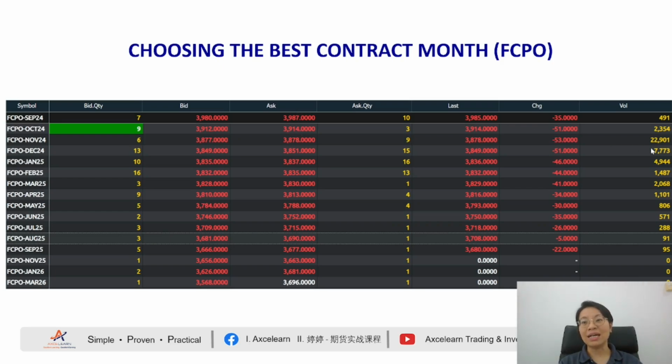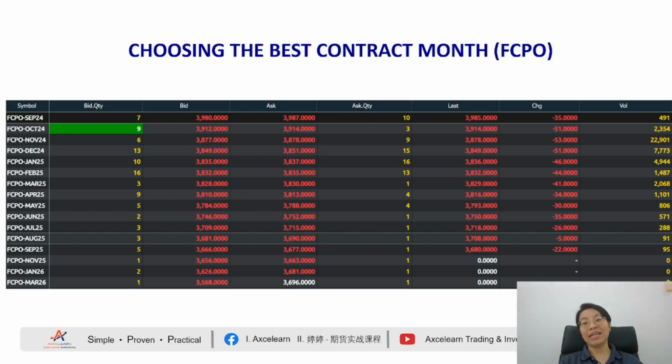So you can see that the highest trading volume is also the 3rd month. You can trade the 3rd month. Now, similarly, let's say, for example, because of hedging, some of the corporate, some of the institutional clients do a lot of hedging, or because of certain reasons, you have a very long-term market outlook or market forecast about FCPO, and let's say, for example, you are going to trade May 2025, can you do that?